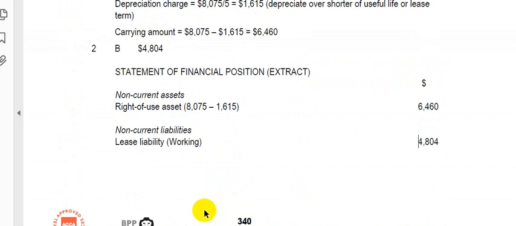So we have our financial position there. The non-current assets 6,460, the non-current liability 4,804.